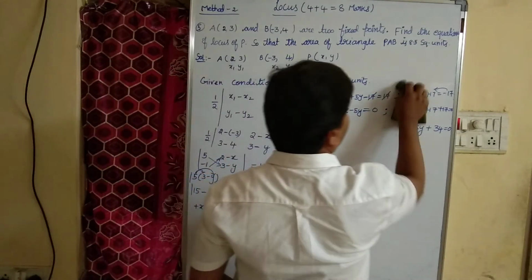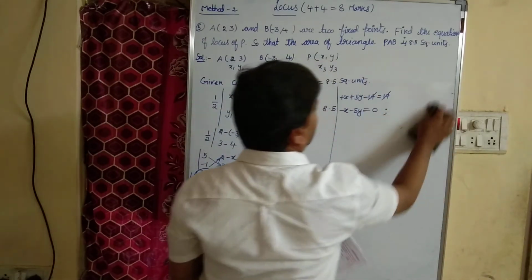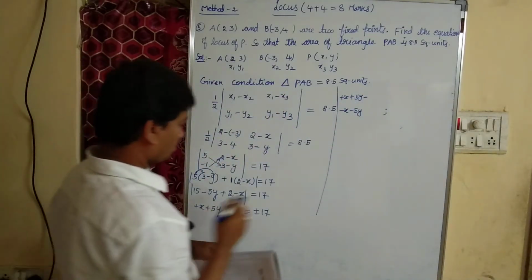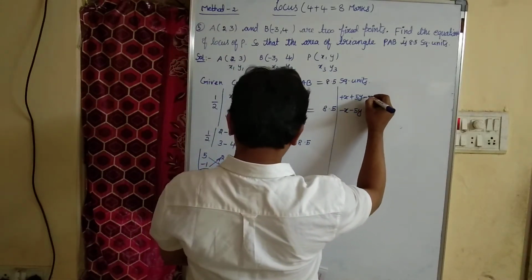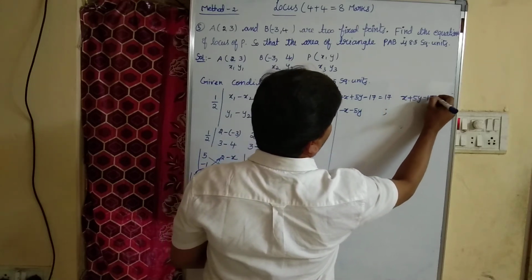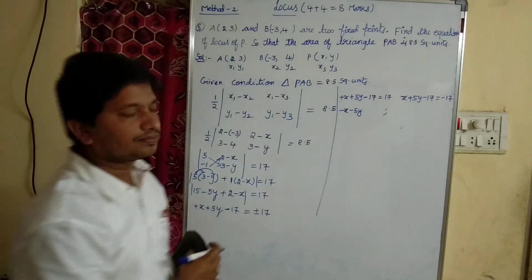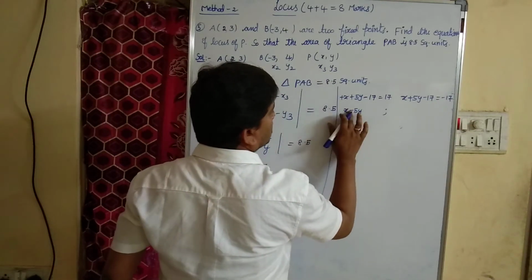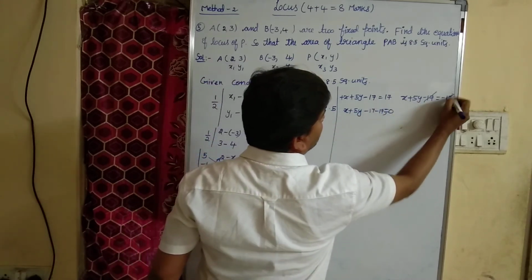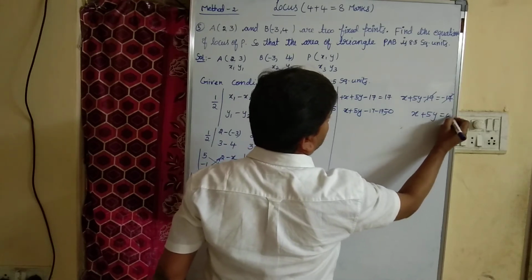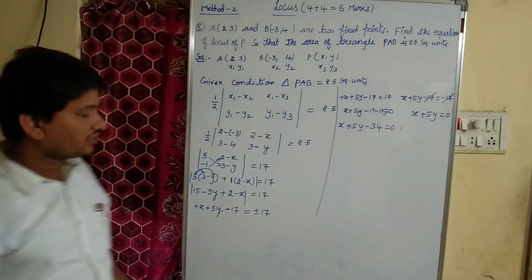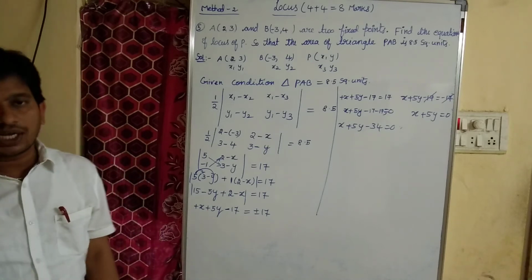This is x plus 5y minus 17 equal to plus 17, one case. X plus 5y minus 17 equal to minus 17 is the another case. Here minus 17 cancel, so x plus 5y equal to 0. This will become x plus 5y minus 34 equal to 0. Because here we are removing from the modulus, we have to check the sign as well.